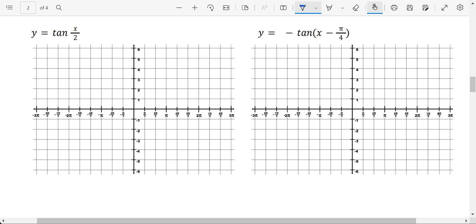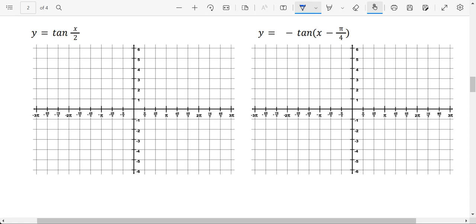Time to do a few examples involving cotangent, tangent. I got two with tangent first. So a tangent of x over 2. So a little tip, since your b value is 1/2, because 1/2 times x is x over 2, take all your original asymptotes and divide them by 1/2. So pi over 2 divided by 1/2, 3 pi over 2 divided by 1/2.